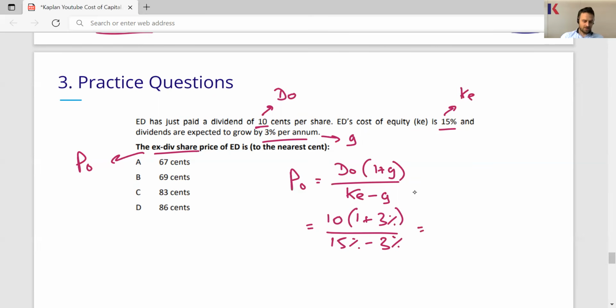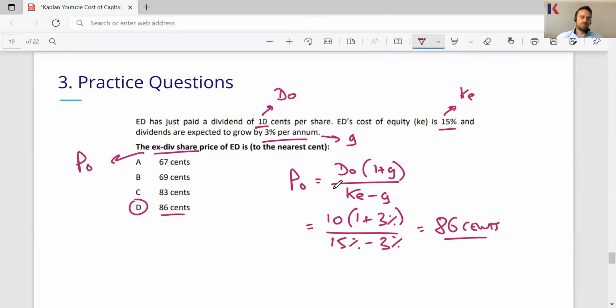So if we just do that, 10 times 1.03 divided by 12% effective from the bottom, isn't it? And you end up with 85.8 cents. In other words, 86 cents, which is D. Okay, so that'll give us our P naught, our share price. So yeah, you can use it to value a share. If you know the company's cost of equity, we can use it to value a share instead.